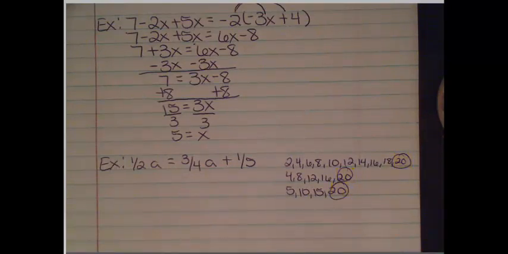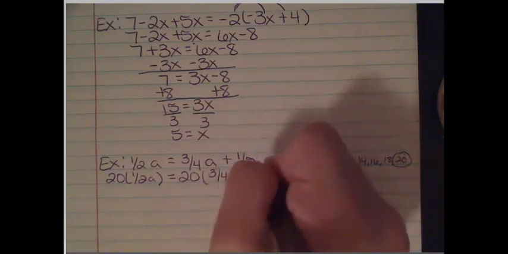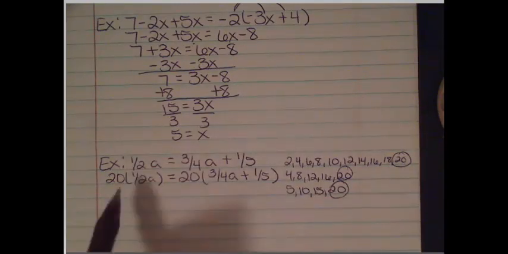So we need to multiply both sides of our equation by 20. So we're going to have 20 times 1/2 a, and that's going to equal 20 times (3/4a plus 1/5). Okay, so remember, when you're multiplying by a whole number, it's the same thing as if you were to put it over 1.